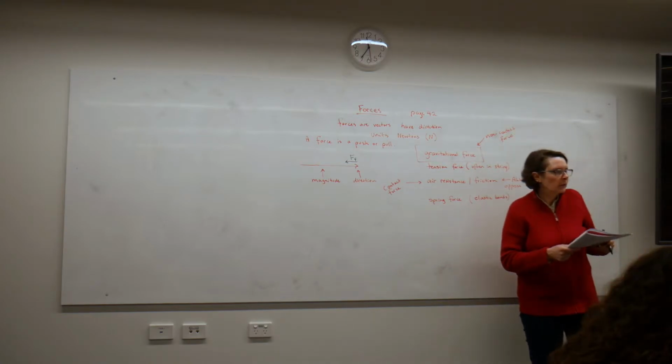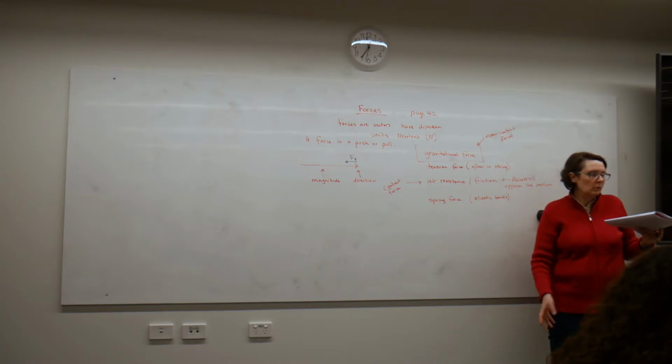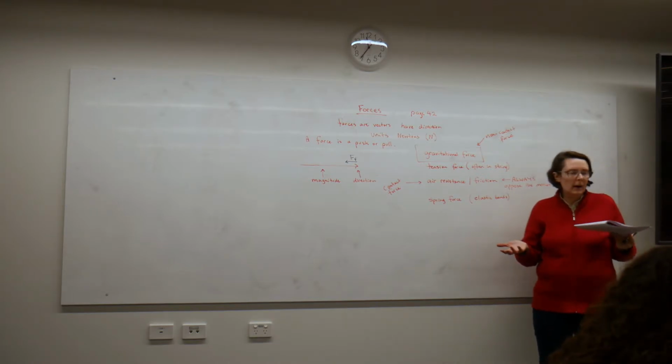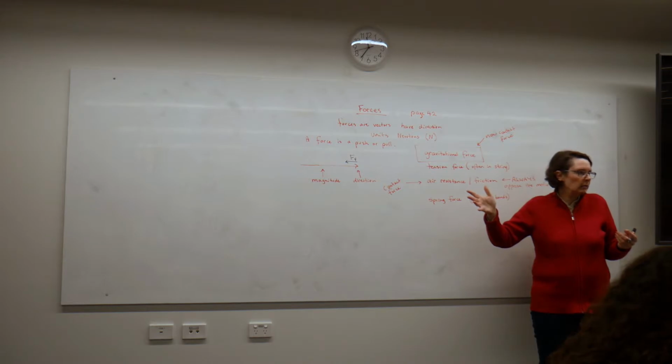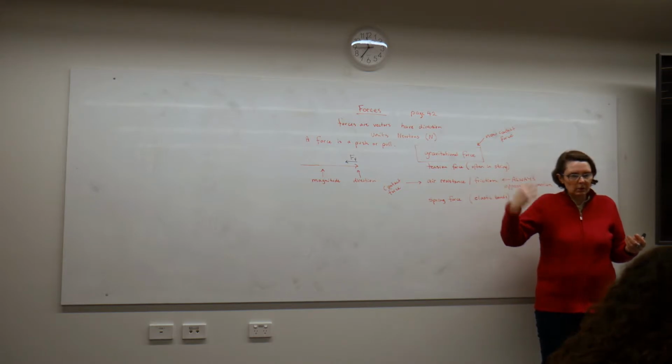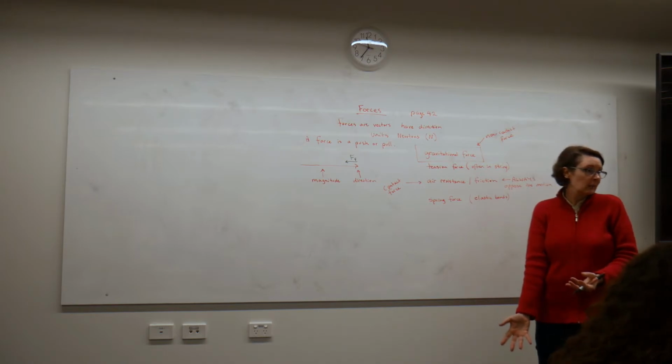Because even if an object is not in contact with the ground or the centre of the earth, it's still going to experience that force. For example, my book, the moment I let go of it, it's attracted towards the earth. It was already attracted.